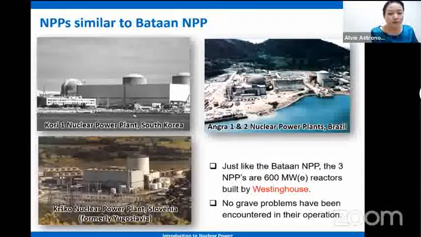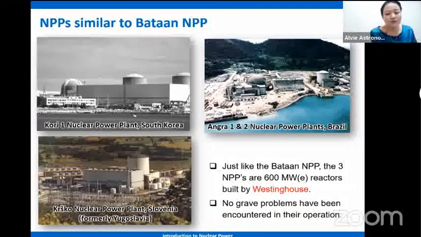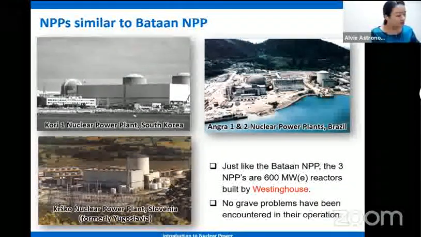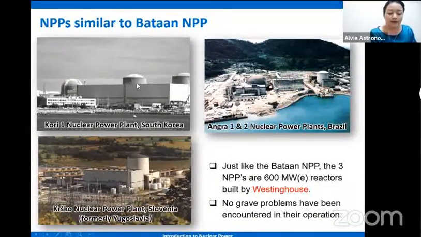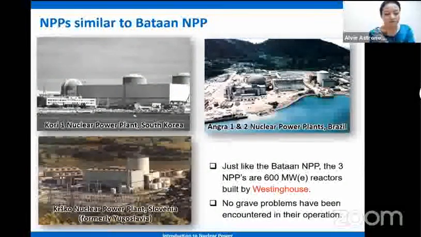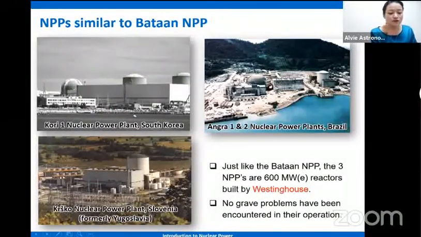There are actually nuclear power plants similar to the Bataan nuclear power plant. There's Kori 1 in South Korea, which first operated in 1977, and it just shut down in 2017. So it's very recent. There's also Angra 1 and 2 in Brazil. That started in 1982, and it's still operating until now.